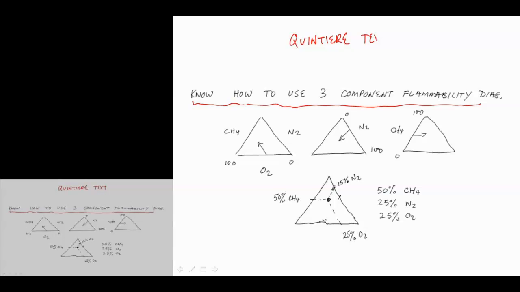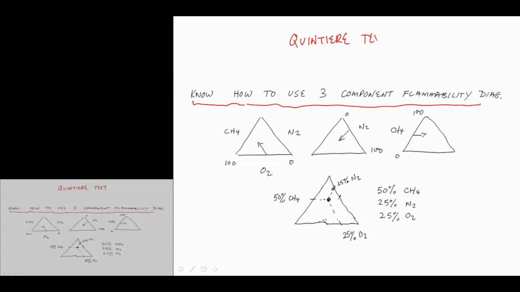The coverage for flammability diagrams is, I believe, Chapter 4. So Chapter 4 has the flammability diagrams and all the different issues associated with that. He'll talk about things like the flammability diagram and some of these other issues that I've been discussing.